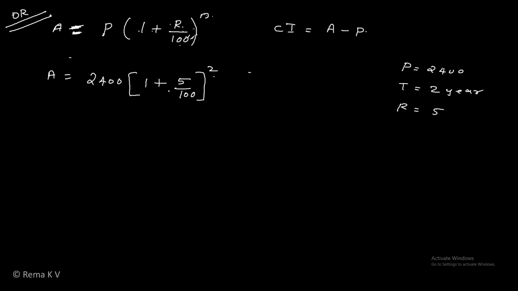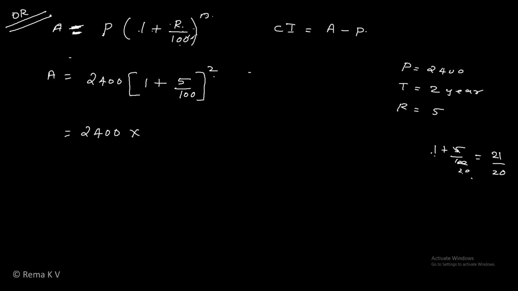In one step we can do this, and this is equal to 2400 into, simplifying this, 1 plus 5 by 100 can be written as, taking LCM, 20 plus 1, which is equal to 21 by 20.